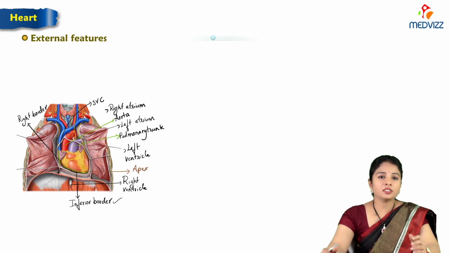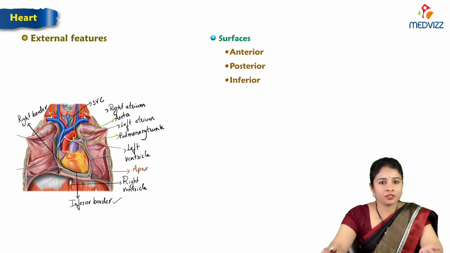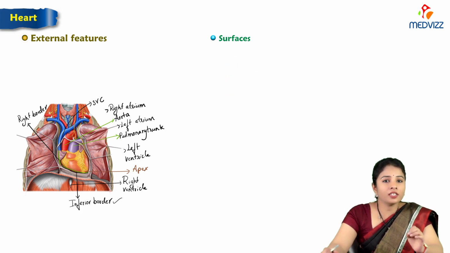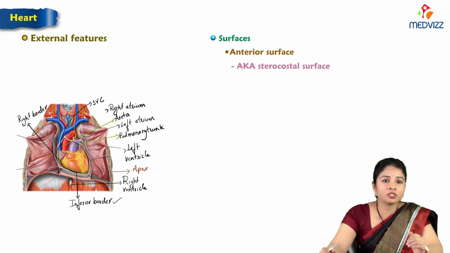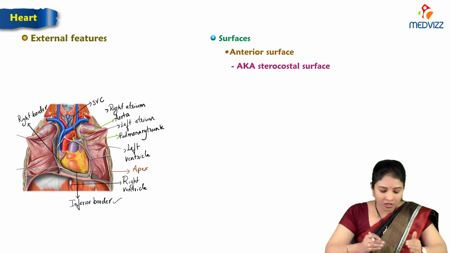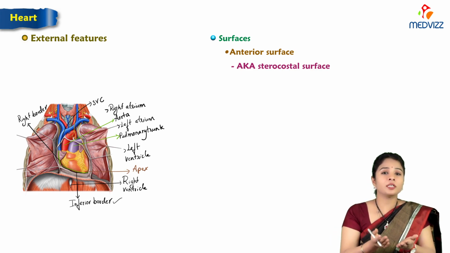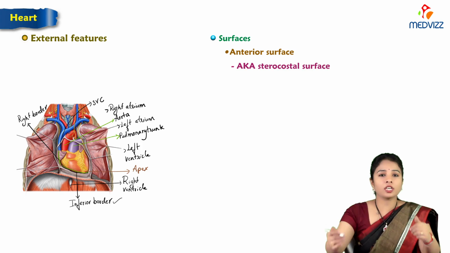So, starting with the surfaces, the heart has an anterior surface, a posterior surface or the base, an inferior surface, and a left surface. Starting with the anterior, which is otherwise called the sternocostal surface. In this image, where the heart is present in the middle mediastinum, you are seeing the anterior surface of the heart after removing the sternum and costal cartilages.